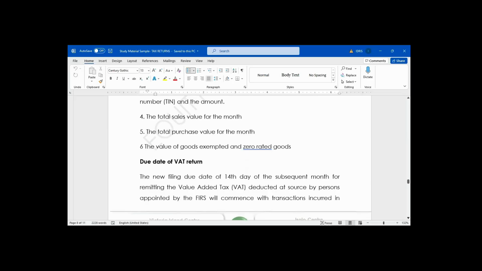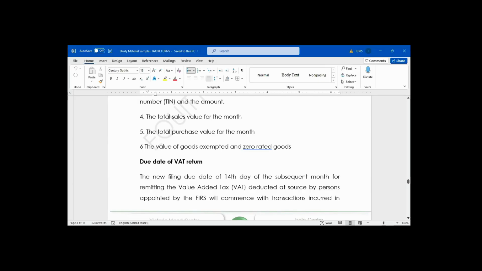While another content is total value of zero rated goods. These are all the content of value-added tax. Now, what are the due dates for filing value-added tax?